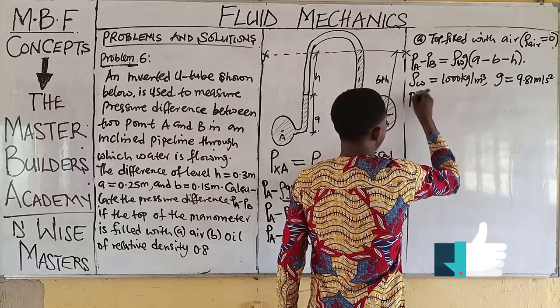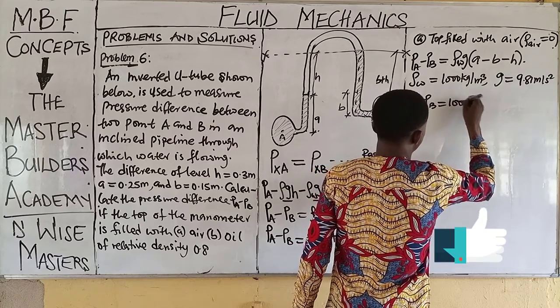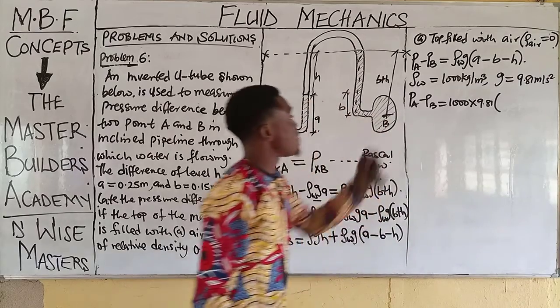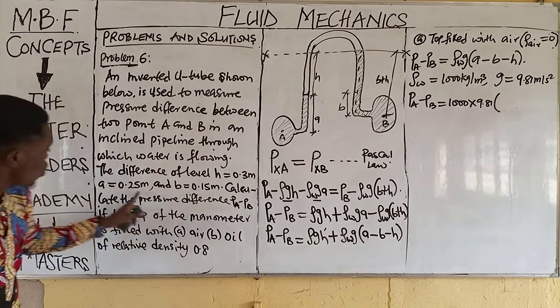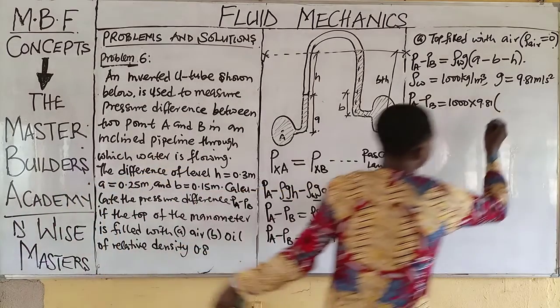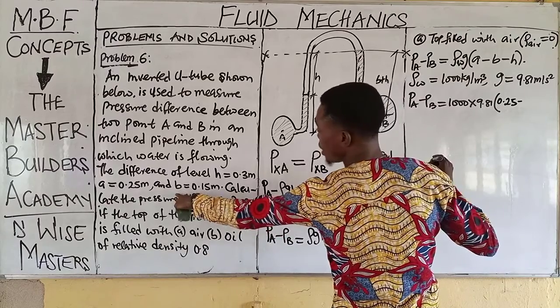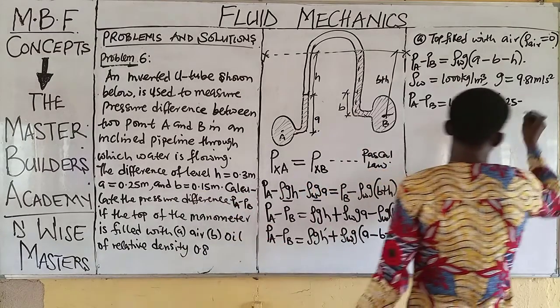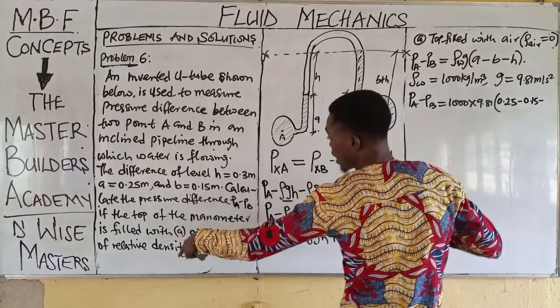So we therefore have PA minus PB is equal to 1000 multiplied by 9.81, open bracket. The value of A, we'll come back to this point. The value of A was given to be 0.25, have 0.25, minus the value of B is 0.15, minus the value of H is 0.3.